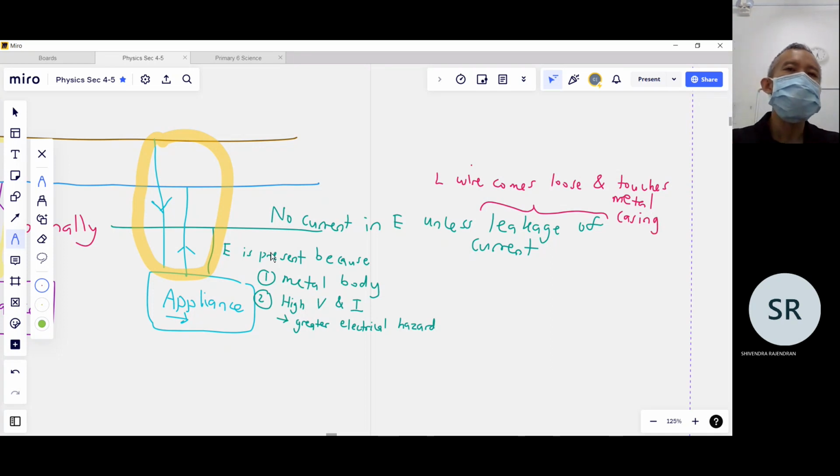But there are other possibilities, like water somehow going into the appliance. Questions, anyone?